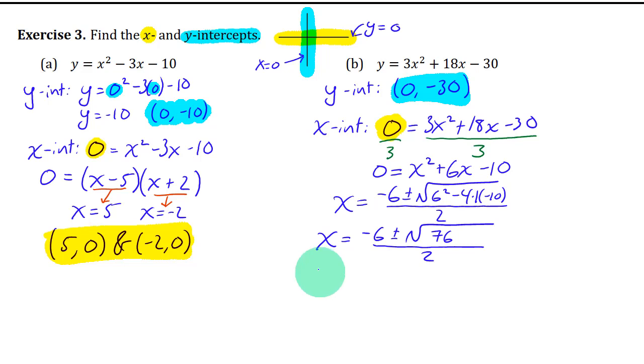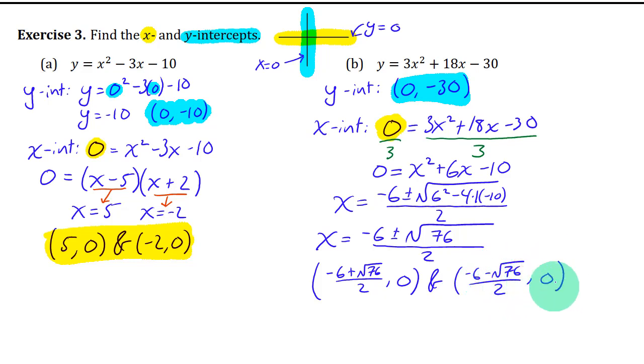We could say the x-intercepts are negative 6 plus the square root of 76 over 2, comma 0. And the other x-intercept is going to be negative 6 minus the square root of 76 over 2, comma 0.